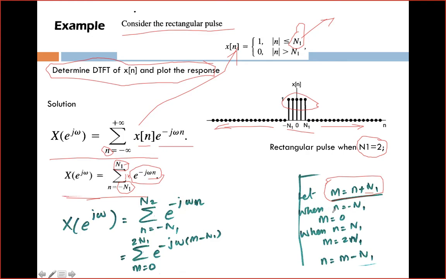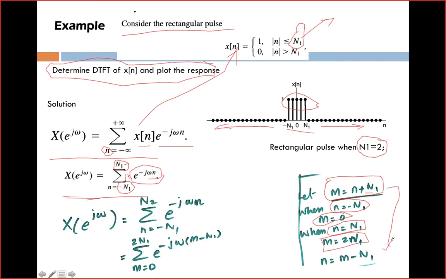So first I am going to substitute n is equal to minus n1 in this equation. When I am substituting n is equal to minus n1, m becomes 0. This is the lower limit. At the same time, when I am substituting n is equal to capital N1, then m value will be 2n1, and also I am going to find the value of n.